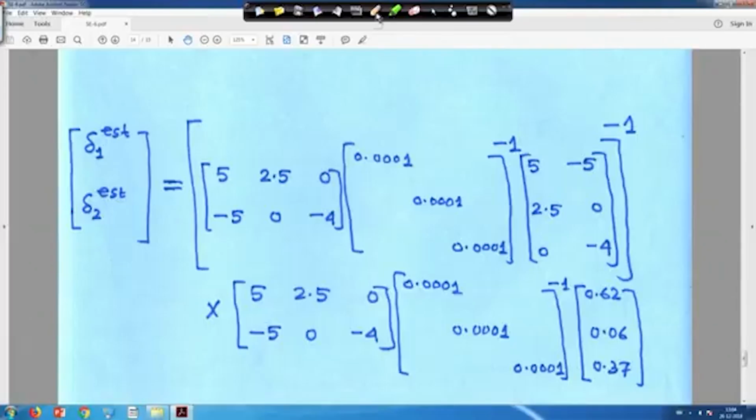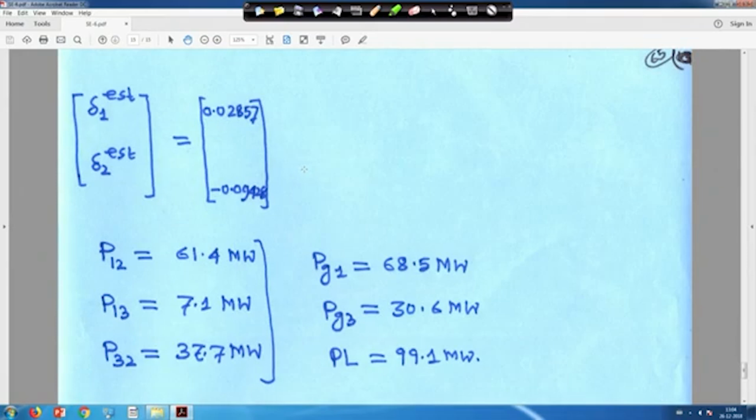So it is manageable because it is a diagonal matrix, all other elements will be 0, so it is easy to multiply and get the result. In a calculator, 2 into 2 or 3 into 3 matrix inversion is easily done, and if you do so, you will get delta 1 estimated and delta 2 estimated.